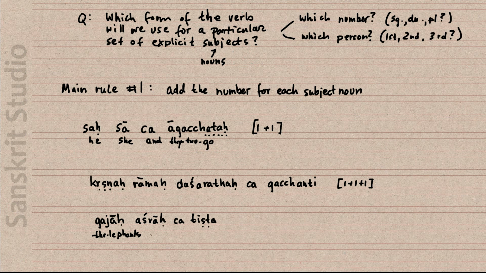Well, the elephants and the horses, the elephants and the horses, they are both in plural. So we can write 3 at least plus another 3 at least.